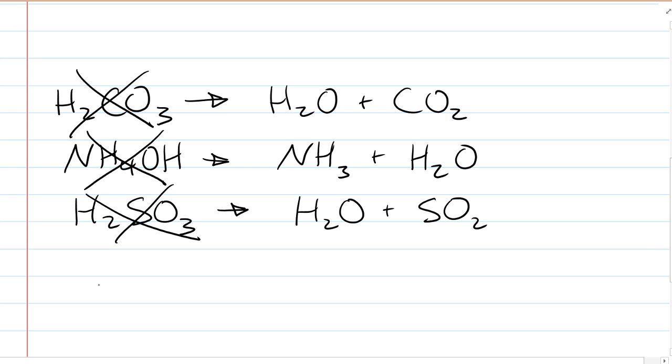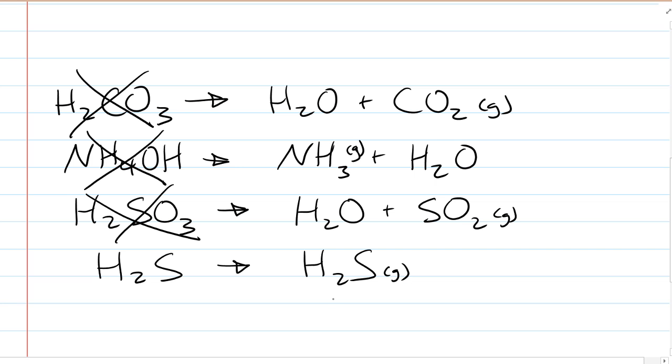And if you ever find yourself writing this one, H2S, actually, leave this one alone. You write it as H2S. This is a gas. So this is one of those few things where this is actually gas, but this is your gas, this is your gas, this is your gas, this is your gas right here.